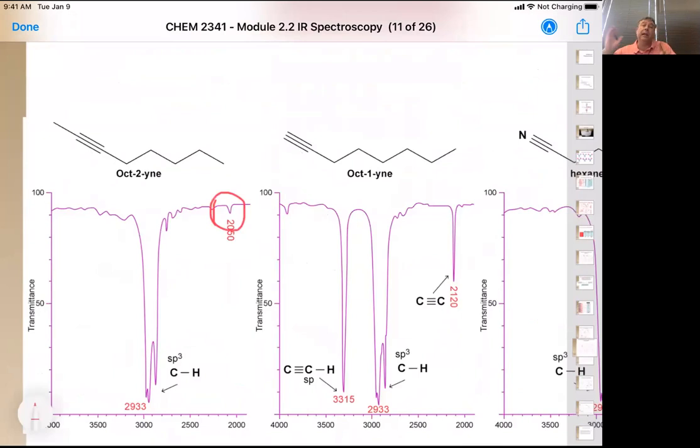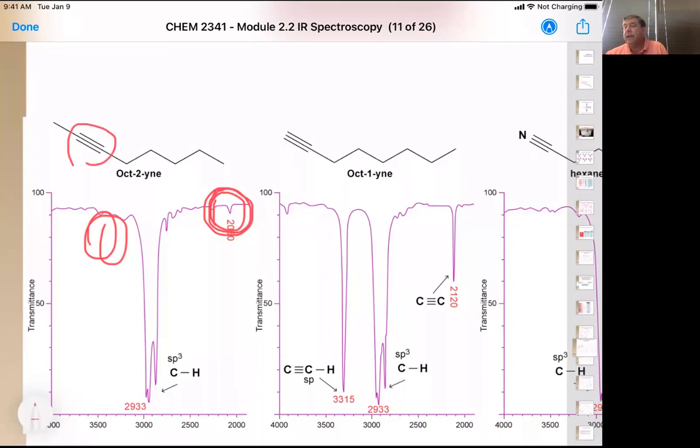Remember, that's in the 1900 to 2200 range, those triple bonds right here. But we also don't have any alkynyl hydrogens here. There's nothing in that 3300 range. And that means that peak might be hard to see because it's not polarizable.